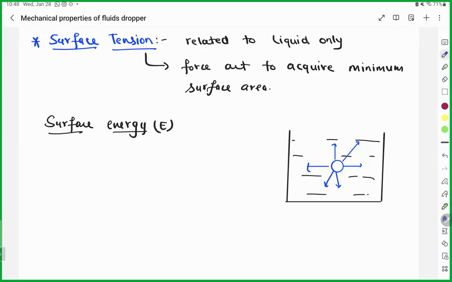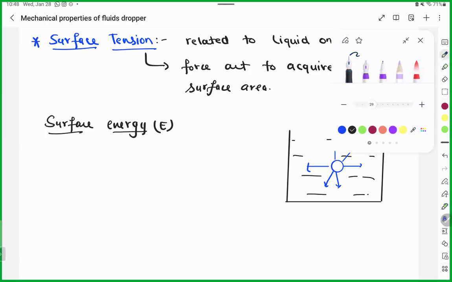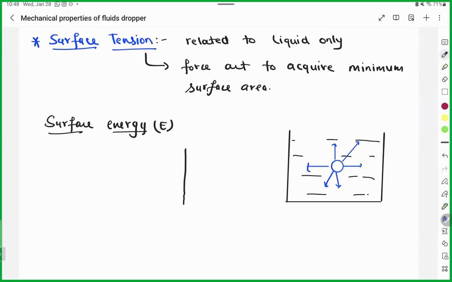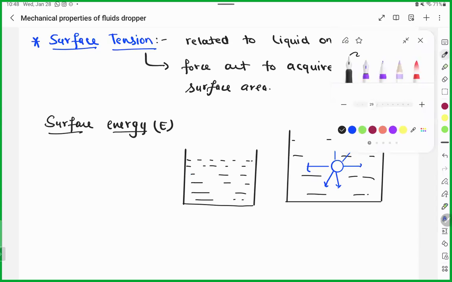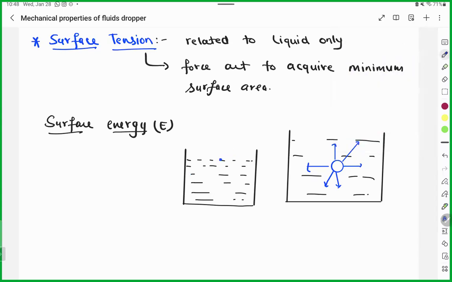But if you have a molecule on the surface, so when you talk about surface energy, what is happening? For example, you take this molecule.